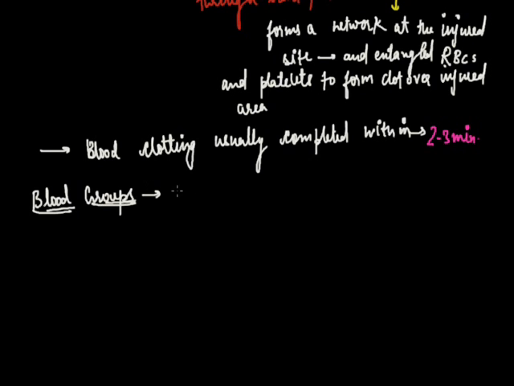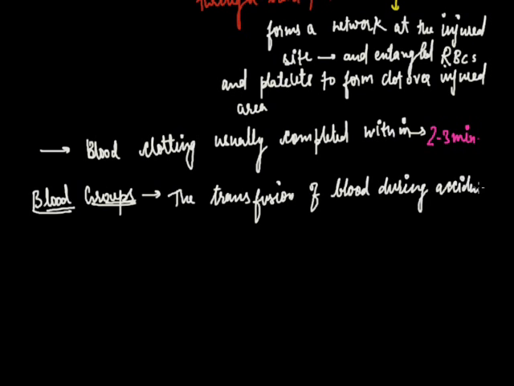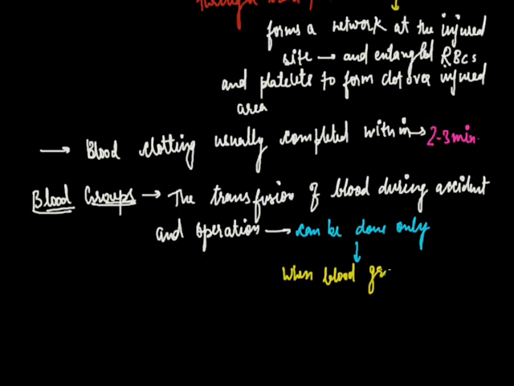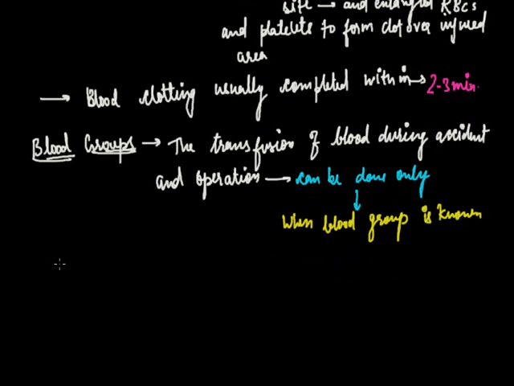So we can say the transfusion of blood during accidents and operations can be done only when the blood group is known. And there are four kinds of blood groups.